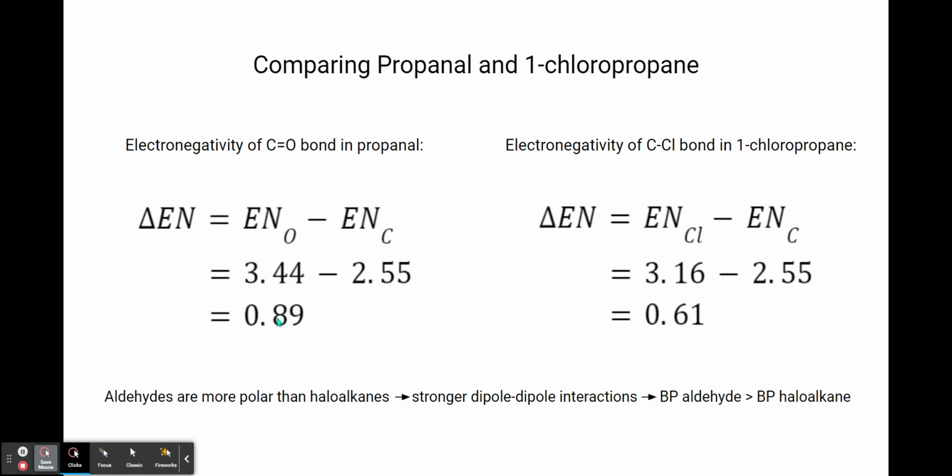Because the electronegativity difference is greater in the aldehyde than in the haloalkane, we know that in the aldehyde, stronger dipole-dipole interactions exist, which means that the boiling point of aldehydes must be greater than the boiling point of haloalkanes.